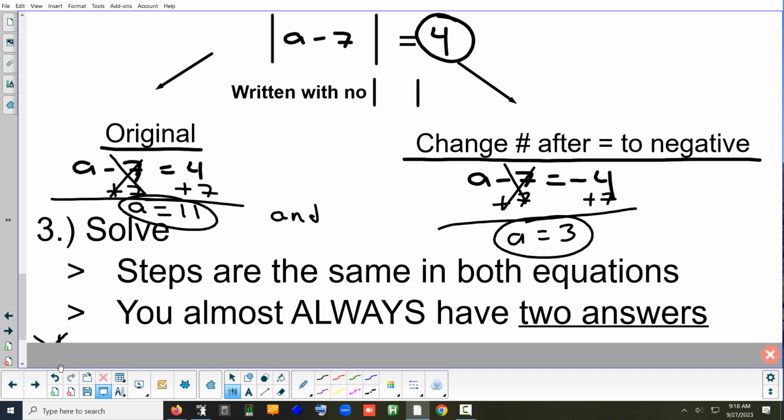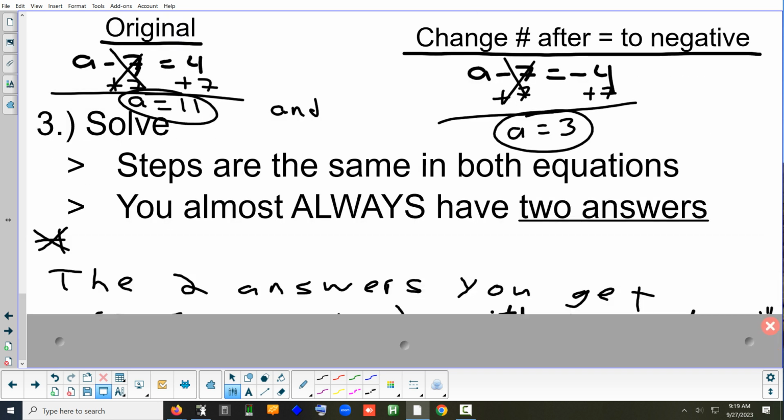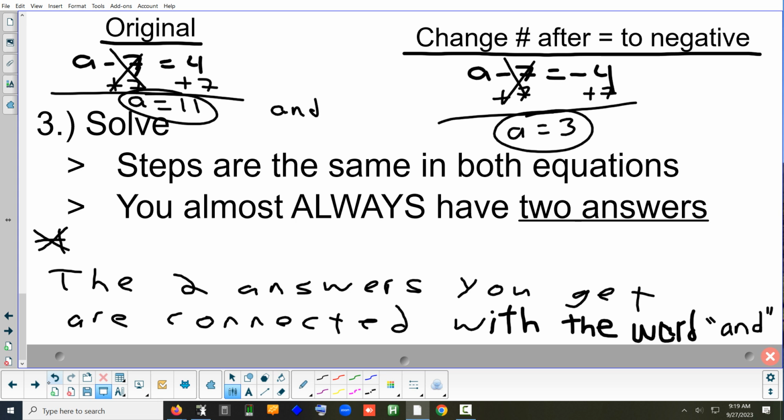We added 7 on both sides for the other one. You do exactly the same steps, and you almost always get 2 answers. This part you already have written down below the asterisk. It's printed on your guided notes. It says answers are connected with the word and. So A equals 11 and A equals 3.